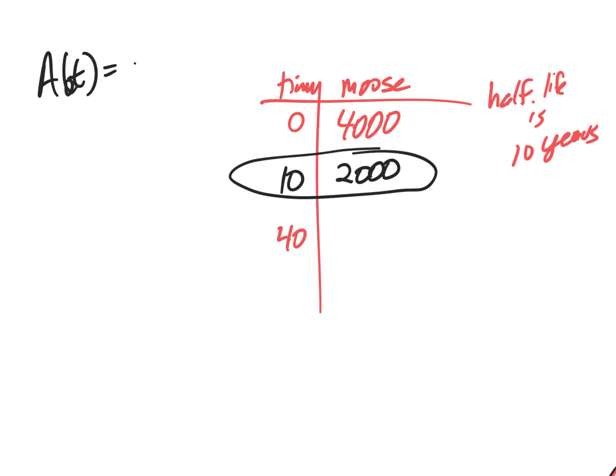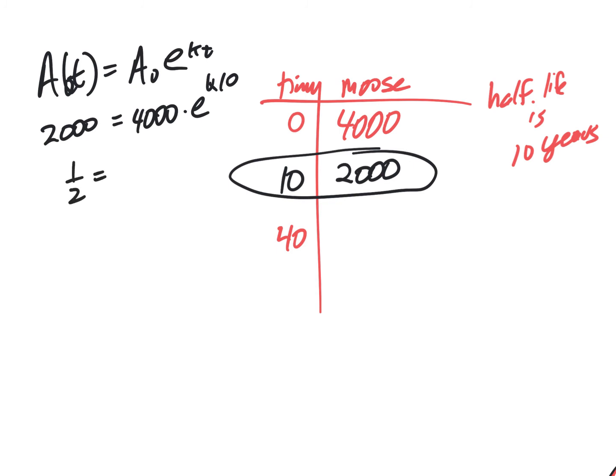A of t equals a sub 0, e to the kt. And you stick in your numbers. The start was 4,000 moose times e to the k, we don't know, and the time would be 10. After 10 years, we will have 2,000. Now I divide both sides by 4,000, and I get 1/2. And if it's a half-life question, expect you'll get a half right there.